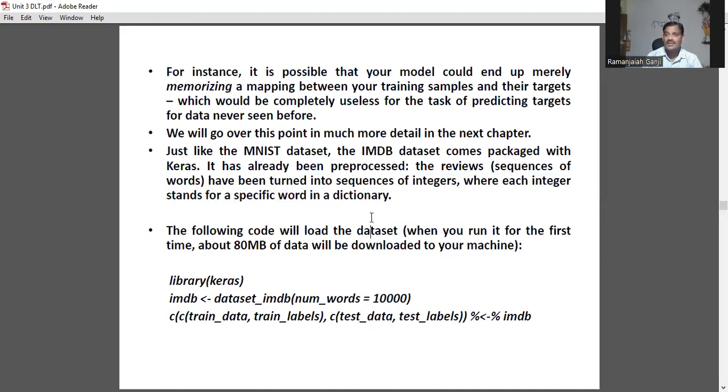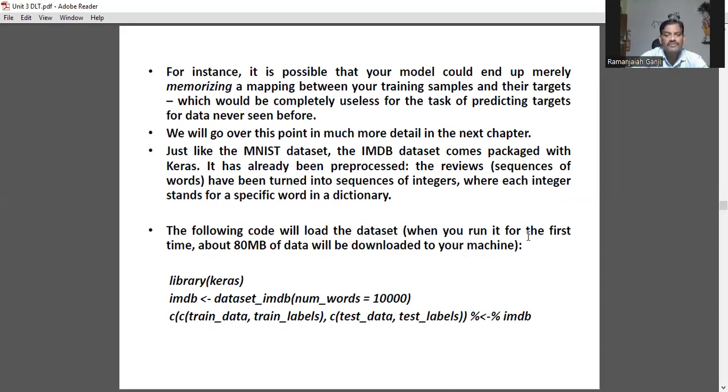It is not at all possible for us to store entire sentences, whatever text is given by the people, in the database. That's why we convert whatever information or text into equivalent integers. The following code will load the data set.